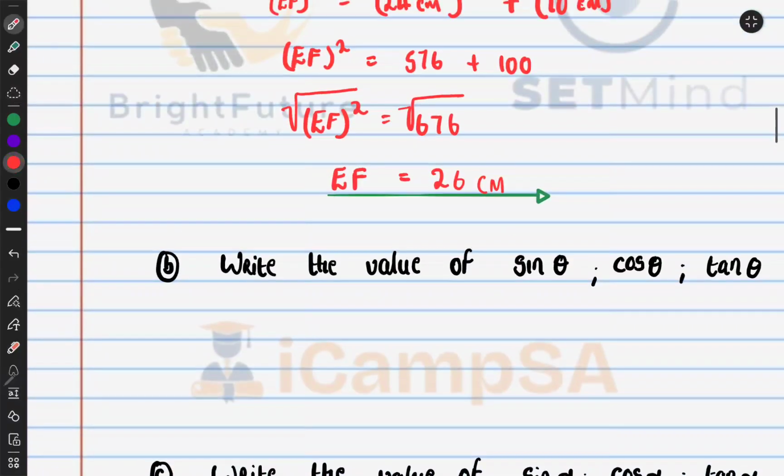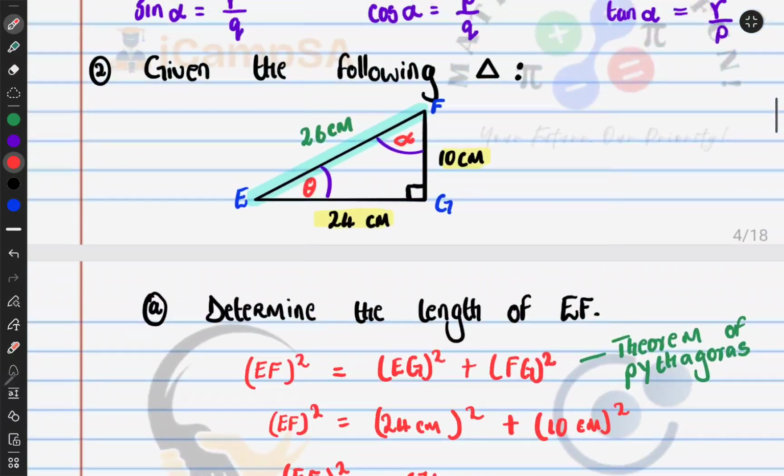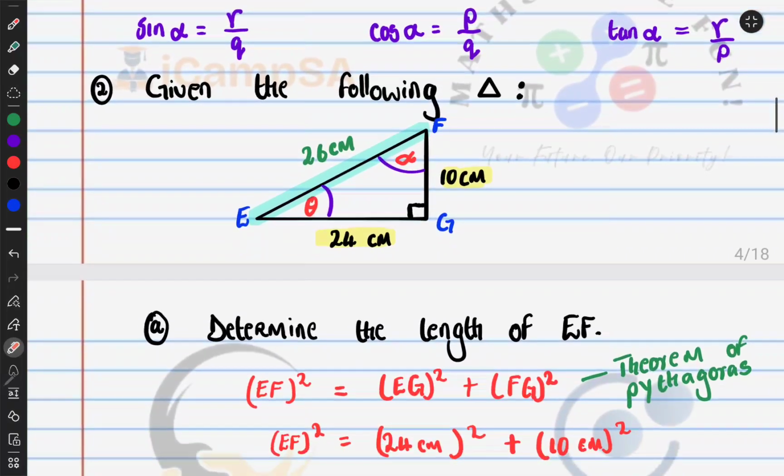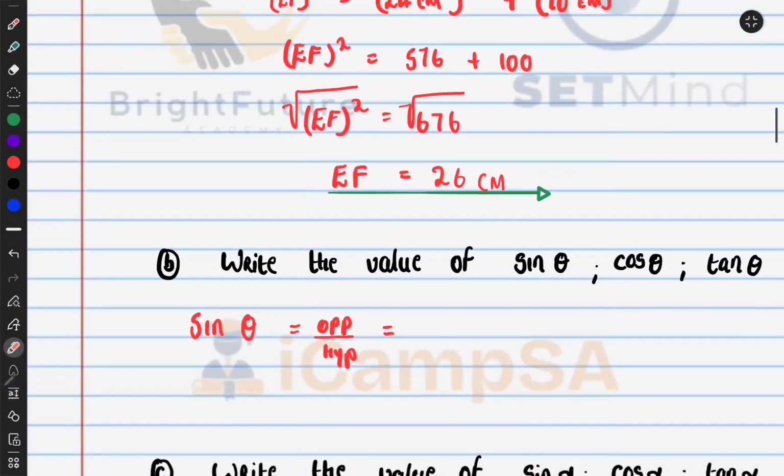So for sine theta, what is the ratio of sine theta? It is the opposite side over the hypotenuse side. What is the side that is opposite to theta? It's the side with 10 centimeters. This is the side FG, which is 10 centimeters, over the hypotenuse side, which is 26 centimeters.